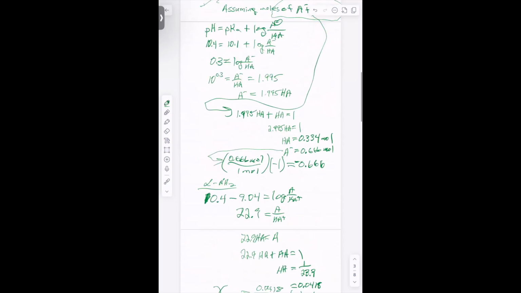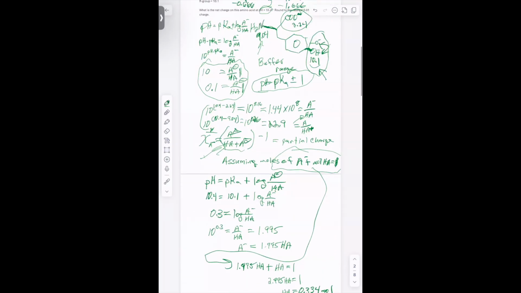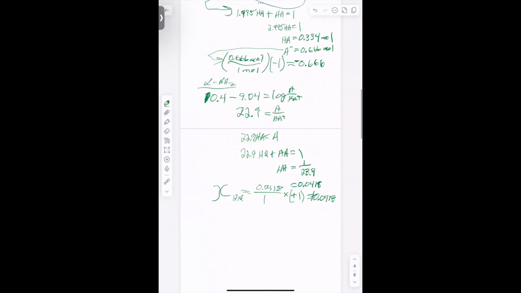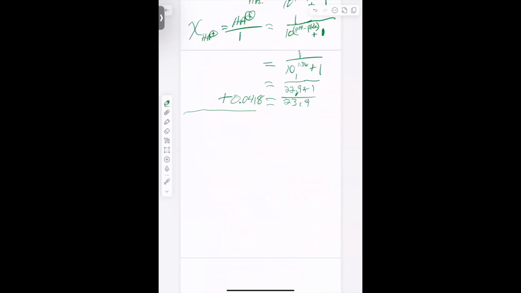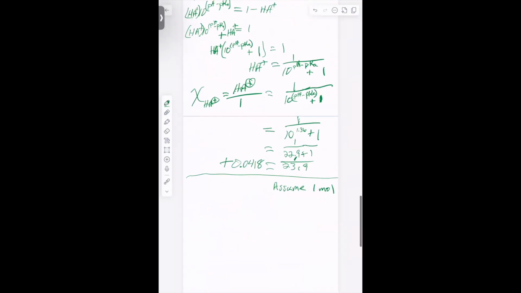So let's clean this up a little bit so it's not so ugly. So if you're ever doing this, if you can assume 1 mole, which you usually can when you're not given a concentration or any set amount of moles, then it's very easy. In other words, let me be clearer.